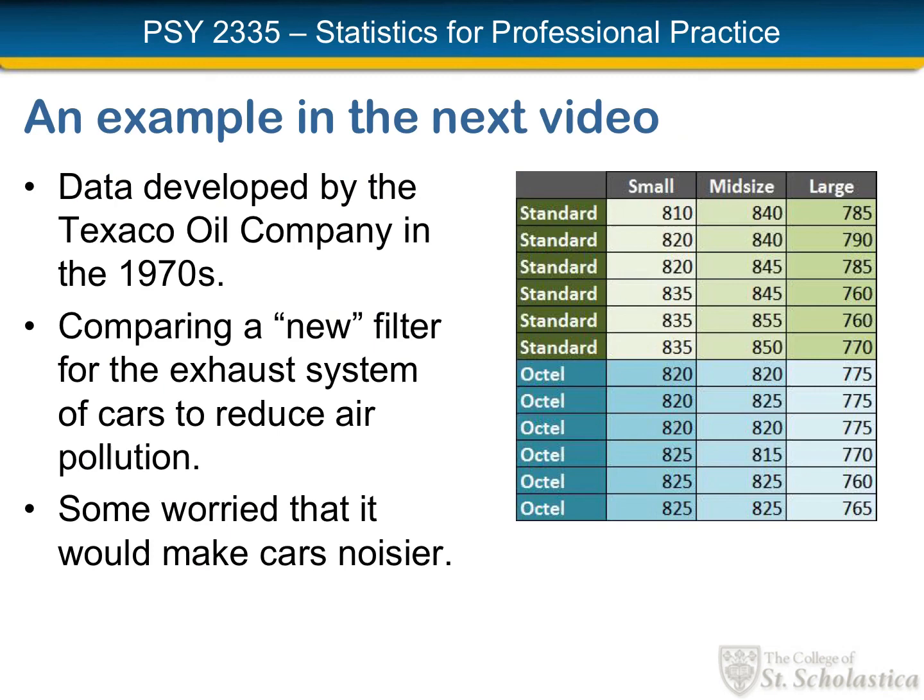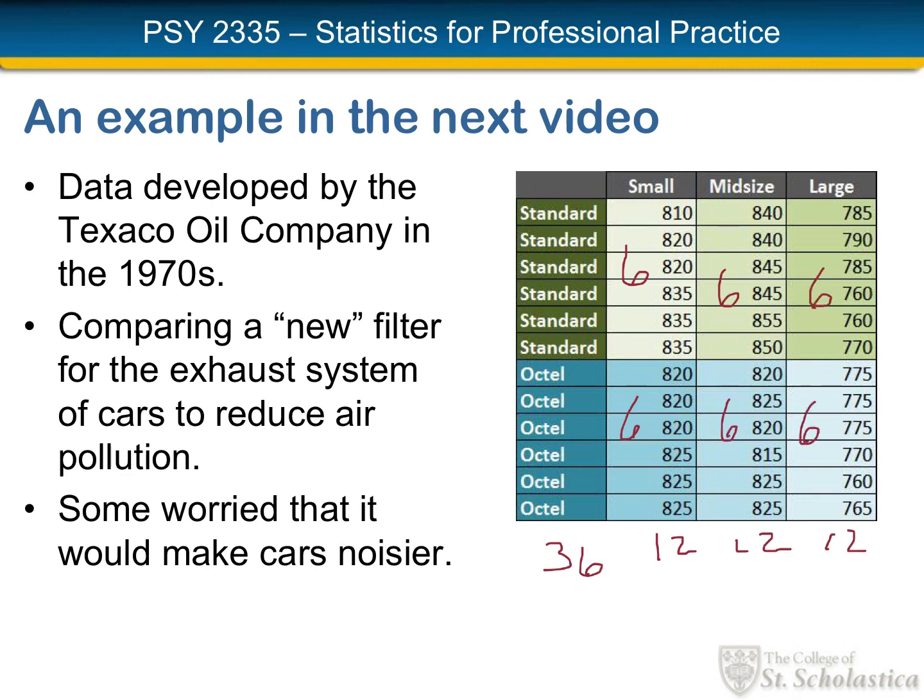So Texaco Oil looked at a total of 36 cars. It was a fairly small study, and they had them divided by small, mid-size, and large. And within each of those groups, there were 12 cars. And those 12 cars were split so that 6 of them would get the standard filter and 6 of them would get the new octal filter.